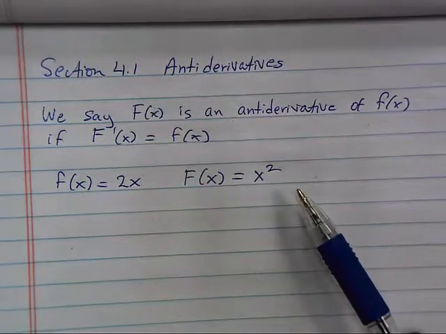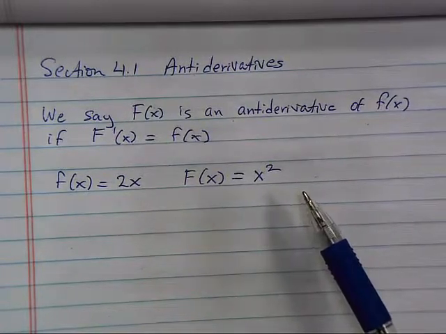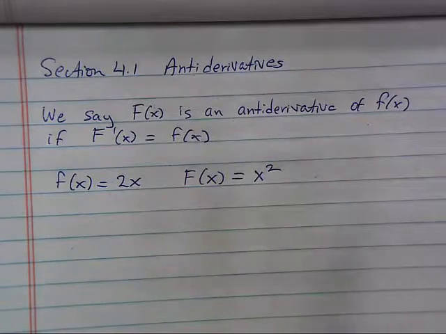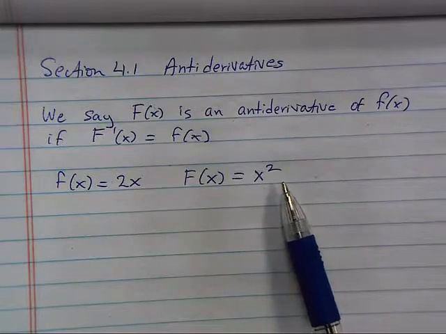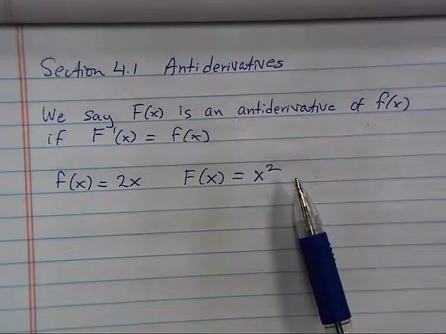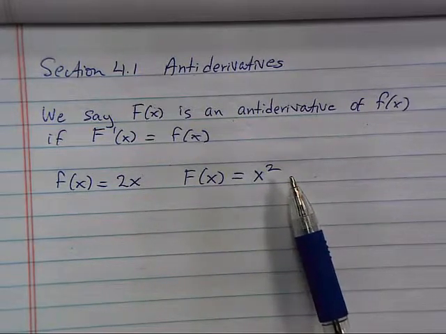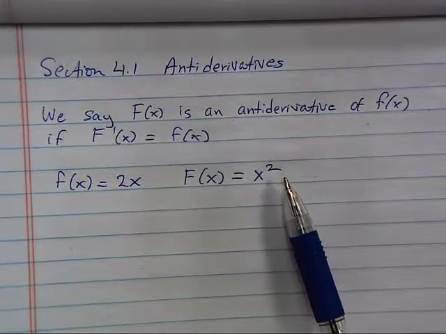Because if I take the derivative of x squared plus 5, what do I get? 2x. If I had x squared minus 1,000, the derivative of x squared minus 1,000 would be 2x. So how many correct answers are there? There are an infinite number of correct answers.